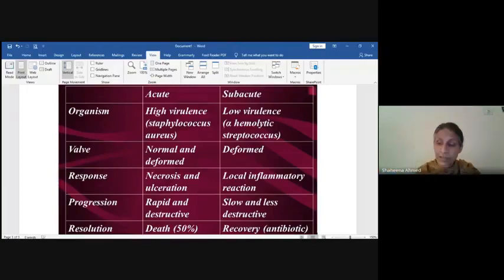Again, if you look at the treatment of both these things, in a dilated heart, you have to treat the heart failure which is associated with it. You might have to give vasodilators. You have to control the different types of arrhythmias if they are present, and in severe cases surgery might be needed.